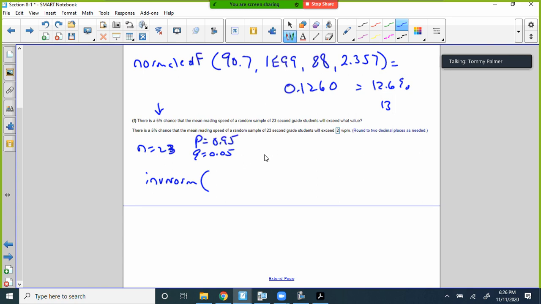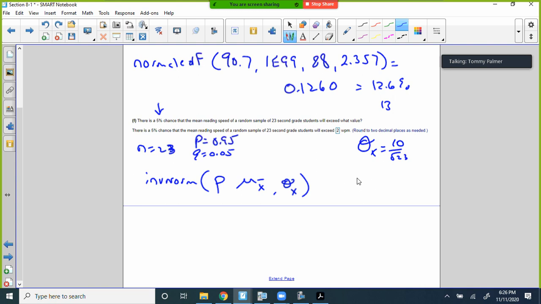So you do the inverse norm, and you need a p-value of success, 95. Then you need the mean, x bar, and the standard deviation of x bar. The standard deviation of x bar is 10 over the square root of 23.